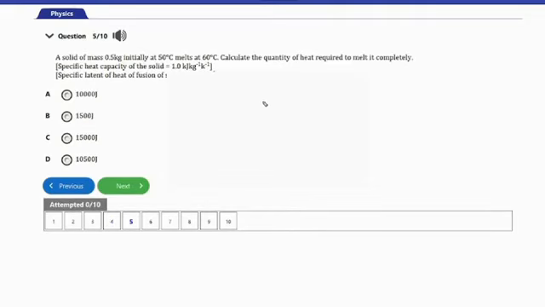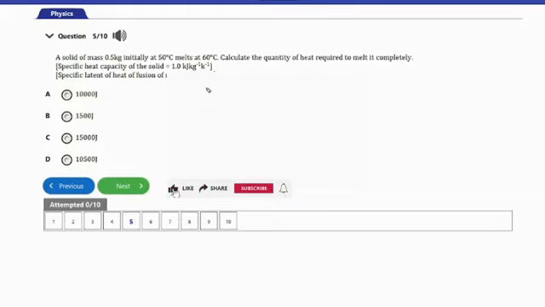It says, a solid of mass 0.5 kg initially at 50 degrees Celsius melts at 60 degrees Celsius. Calculate the quantity of heat required to melt it completely. So guys, over here we have the specific heat capacity of the solid to be 1.0 kilojoule per kilogram per Kelvin.